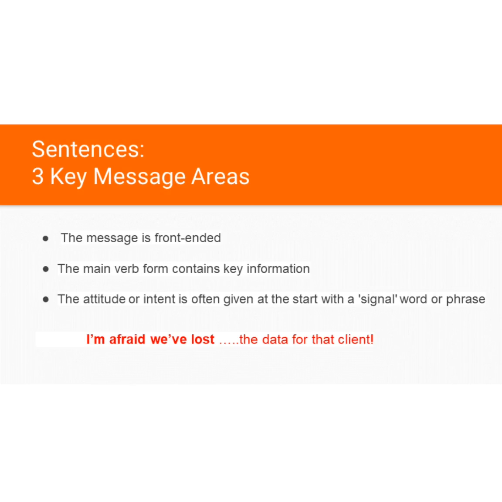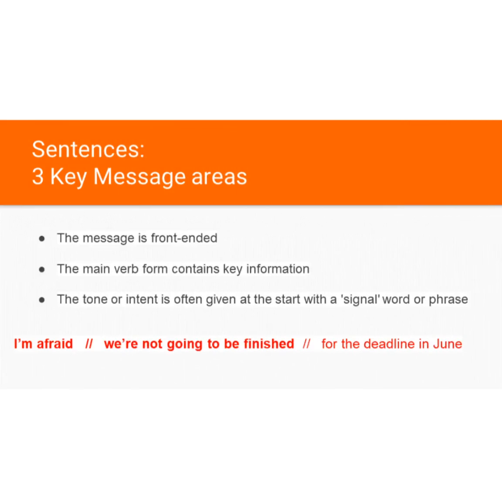Okay, another example. I'm afraid we're not going to be finished for the deadline in June. Again, the first two parts of this sentence have most of the information, so it's front-ended.